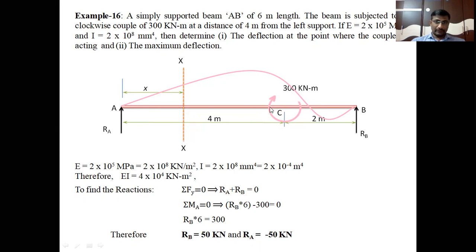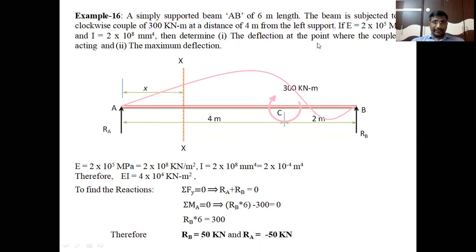Total span is 6 meters, which is simply supported at ends A and B. I locate this point as C where the couple is acting. Okay. If E equal to 2 into 10 to the power of 5 megapascals and I equal to 2 into 10 to the power of 8 millimeter to the power 4. The Young's modulus for the given beam and the moment of inertia of the given section are given.